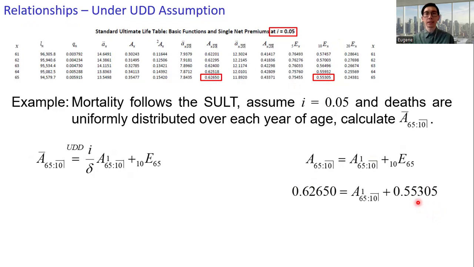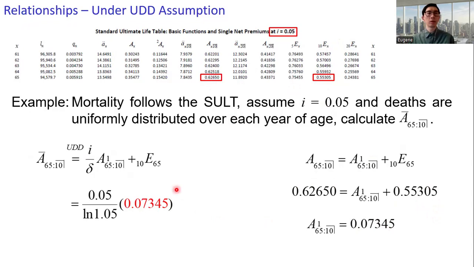And we can get the 10-year term insurance. Plug this into the expression with i equals 0.05. We have delta, the natural log of 1.05, and then times the 10-year term insurance, plus the second term, 10E65, and we get the answer, 0.62832.